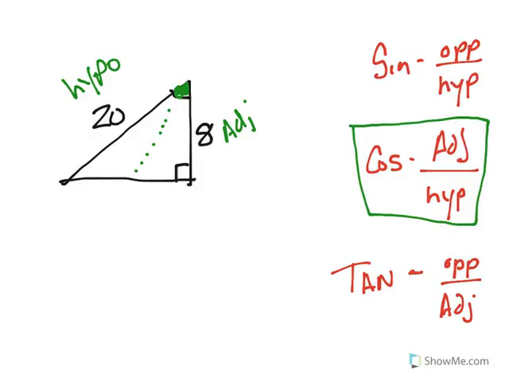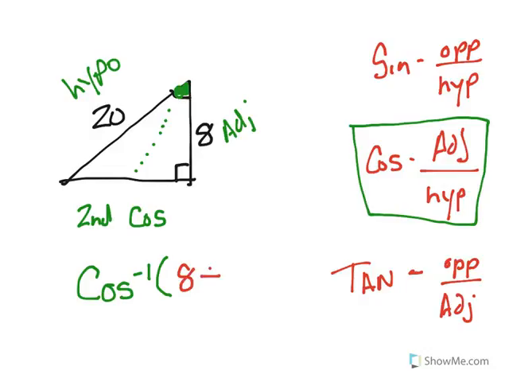So once again, I'm going to be pushing second, then I'm going to hit cosine, and on my calculator I should have this there. So now I'm going to put adjacent divided by hypo. So I'm saying 8 divided by 20.